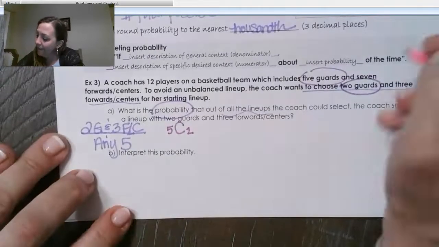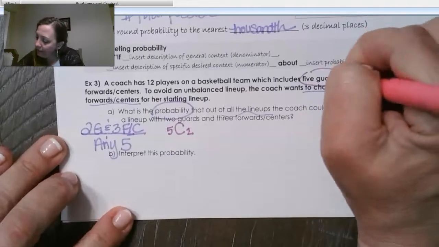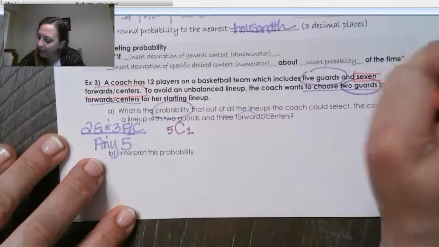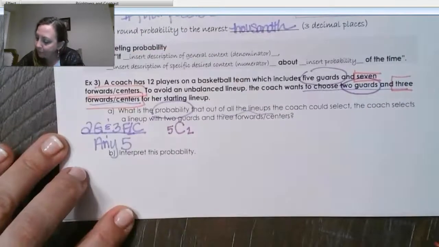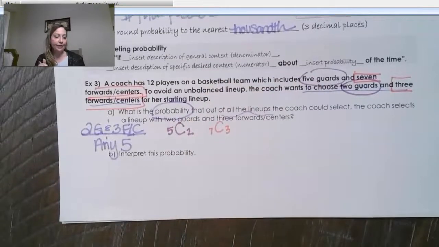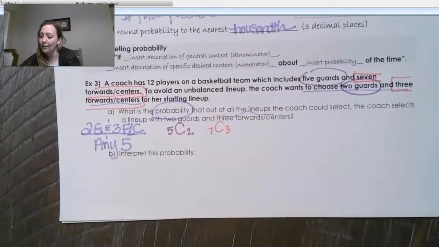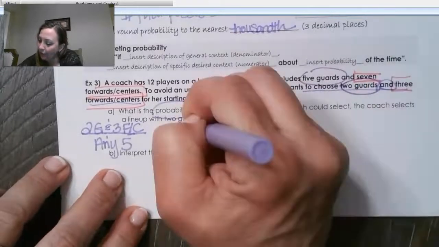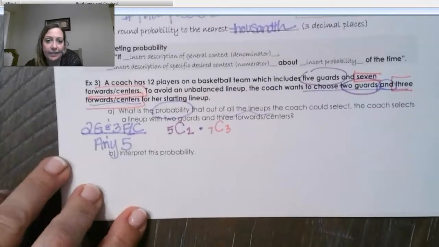And now we have 7 forward centers, and we're choosing 3 of them. So that's going to be 7C3. And once again, and means that we're going to multiply those different things together.